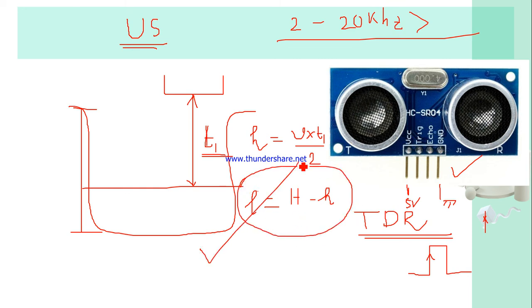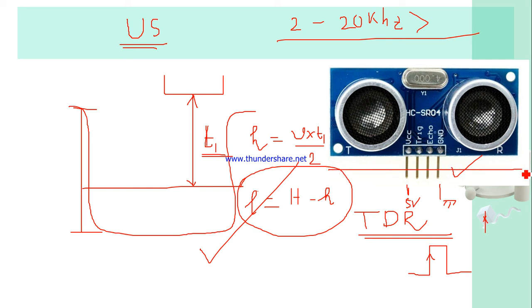So I have described this very briefly. As I told, all these kinds of level measurement techniques are implemented in my lab, and we have calibrated them using these sensors. These sensors are for demonstration purpose, not for industrial purpose.